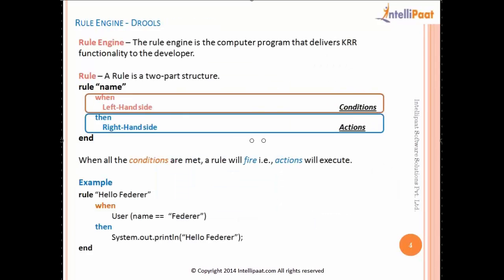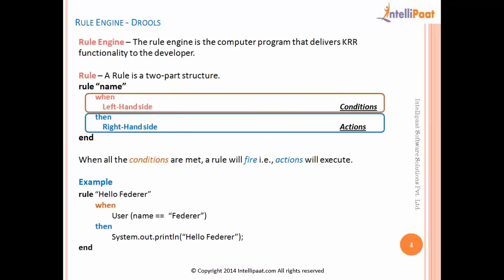And we will see the basic structure of a rule now. Before going to that, what exactly is a rule engine? See, rule engine concepts, the history and all, come from an artificial intelligence background, and a lot of work has been done there. It is derived from production systems and all that. Basically what it does is it provides KRF functionality. What is KRF functionality? Knowledge representation and reasoning.